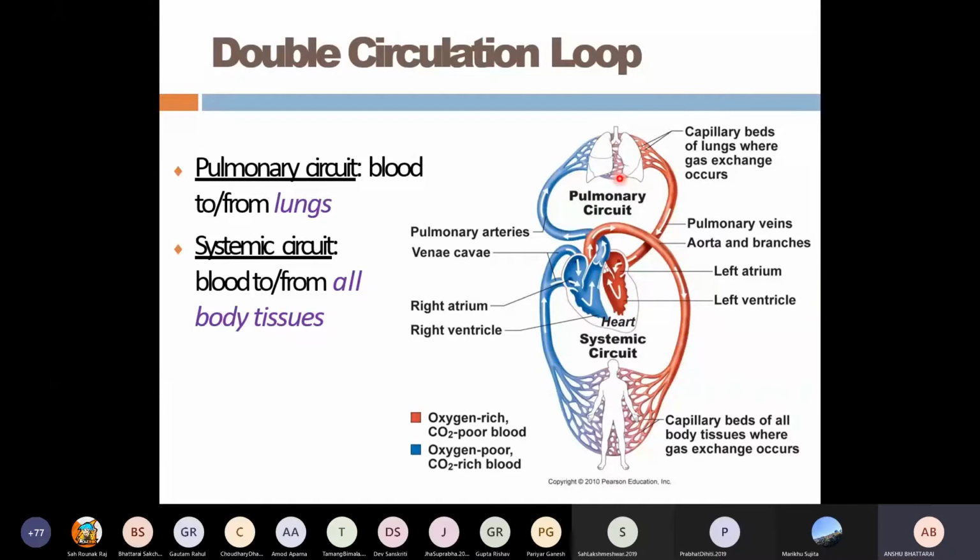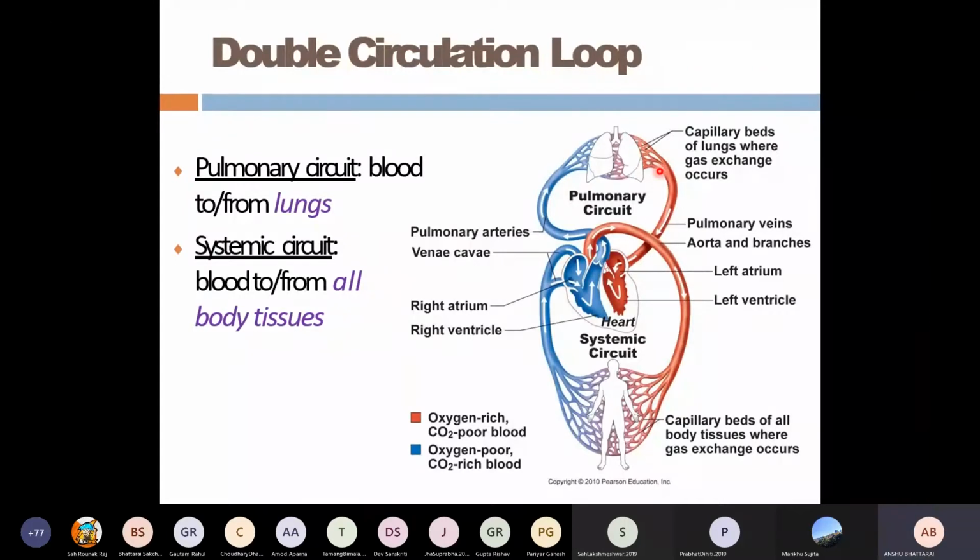So the pulmonary capillaries now become oxygenated. The blood here becomes oxygenated because oxygen is taken up from the alveoli into the pulmonary capillaries, and carbon dioxide from the pulmonary capillaries is taken into the alveoli. So you can see this blue signifies deoxygenated blood. The red portion signifies oxygenated blood.